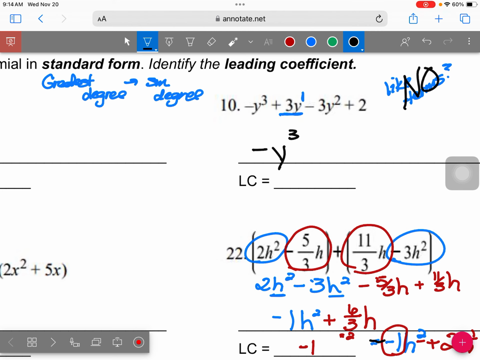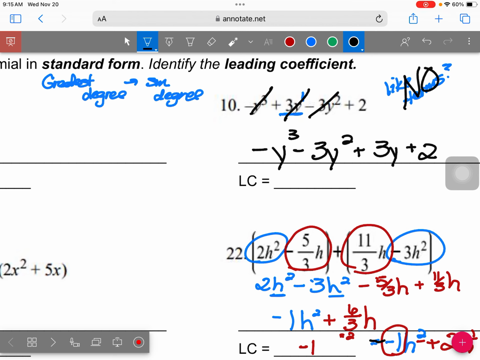What would be next? I've used that one. Negative 3y to the second. What comes next? 3y. That's 3y to the first. And then finally, plus 2. What's the degree of any constant? 0.